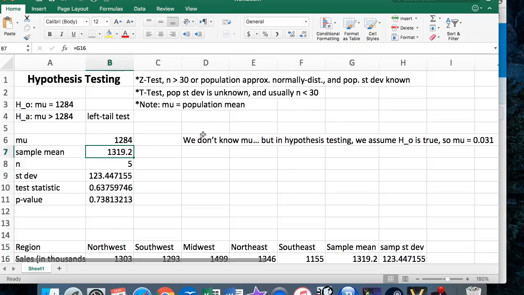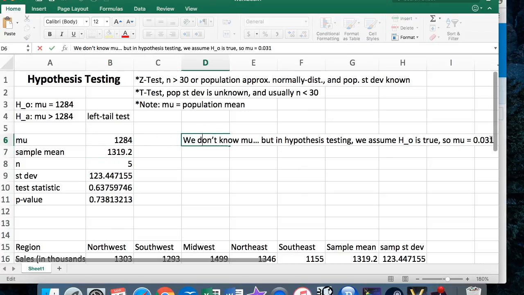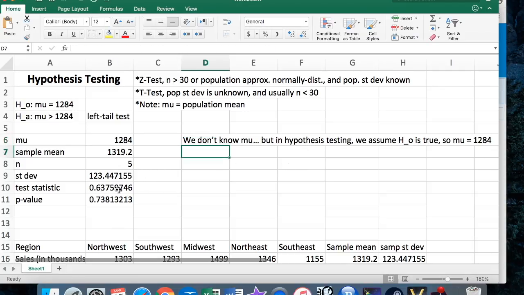So we assume that if the null hypothesis is true, we have 1284. All right, so then look at this. So I already have at least my test statistic here, because I calculated all this stuff, right? And this formula is still in there. But let's go ahead and do it again.